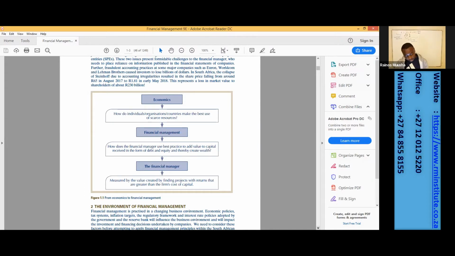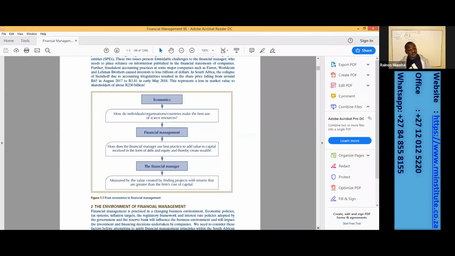Because remember, it also goes back to the economic principle, where we say that for every economic decision that you make, you must ensure that your benefits are more than your costs. This is where the financial management decision making comes in, where your returns, which is your benefits, must be more than your cost, which in this case is the cost of capital.